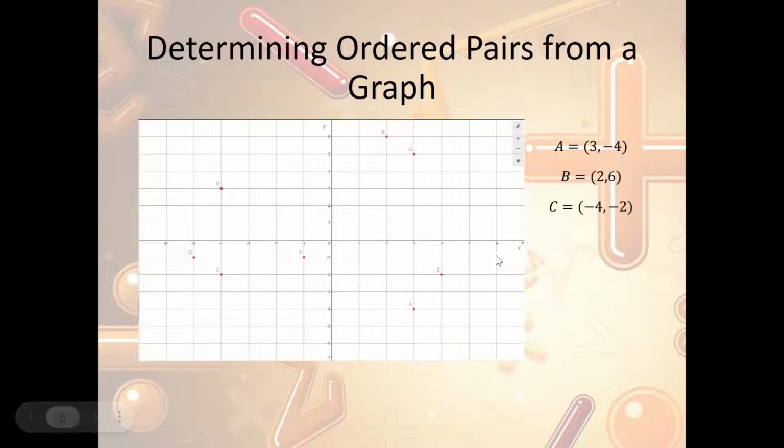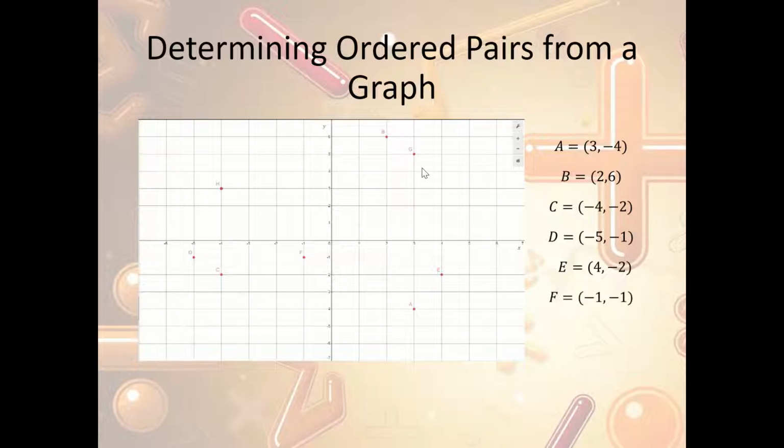And -1. So -5, -1. Then E. E is here. So that's 1, 2, 3, 4. And then -1, 2. So it would be 4, -2. Then F is here. So that's -1 and -1.